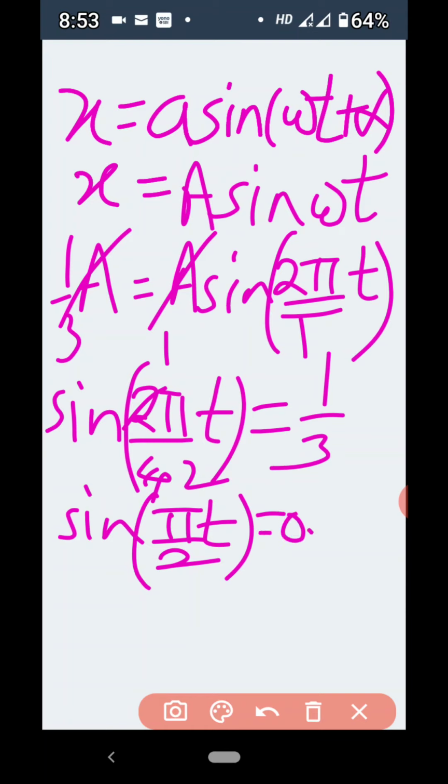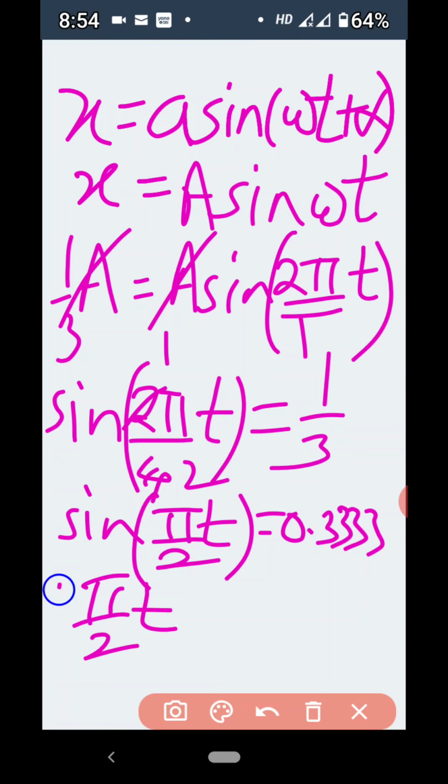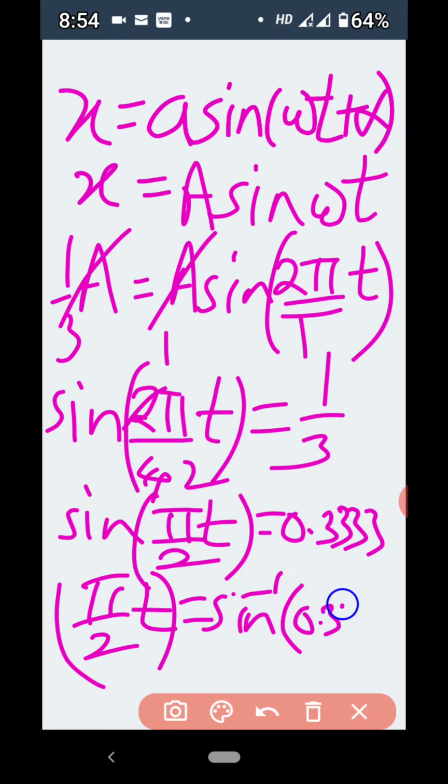1/3 means 0.3333. If you see the reciprocal of 3.0 in your log table, then you get the answer 0.3333. Now the question is asked to find this time t. So let us take the inverse. So pi by 2 into t is equal to sine inverse of 0.3333.